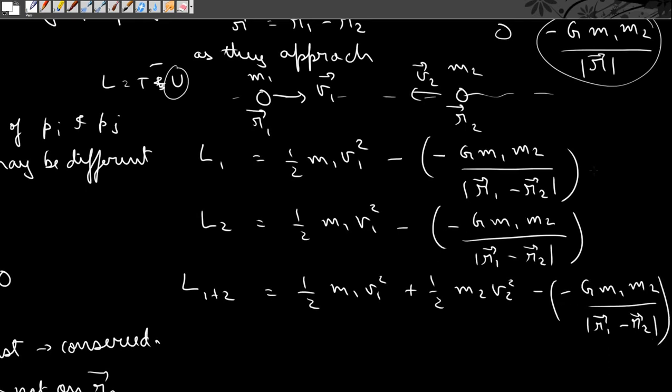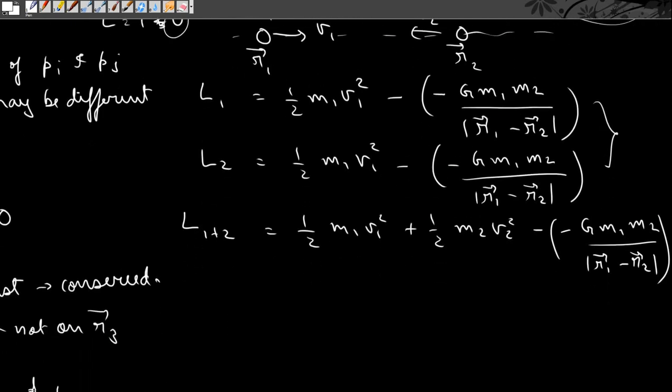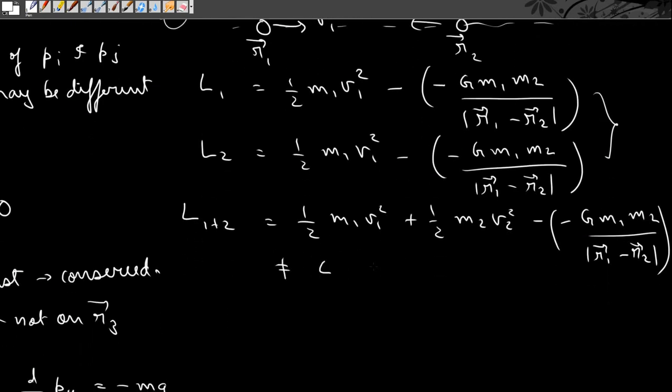Here we don't add the potential twice because the total potential energy is still minus G m1 m2 by R1 minus R2. So this is not equal to L1 plus L2. Why? Because there is interaction.